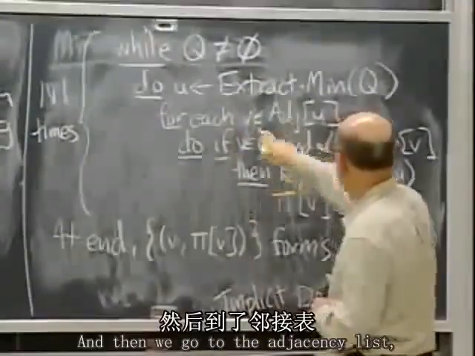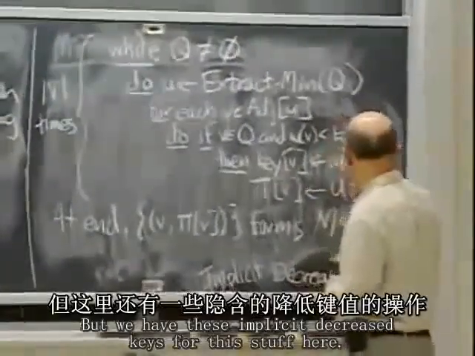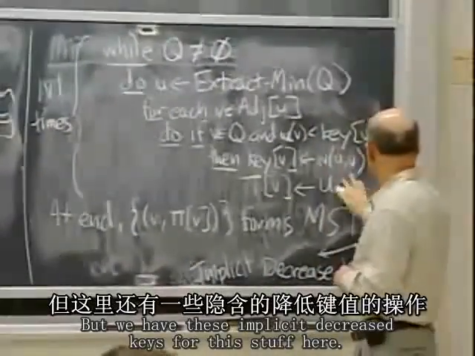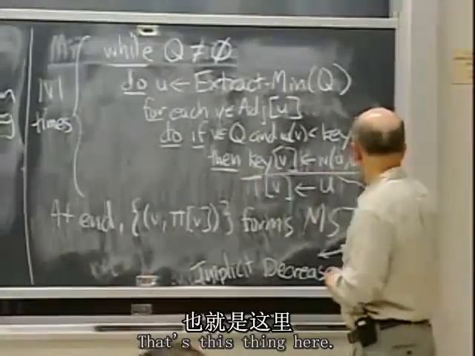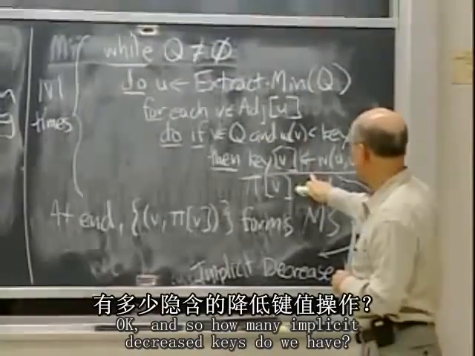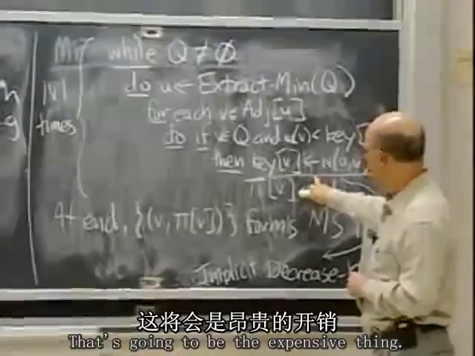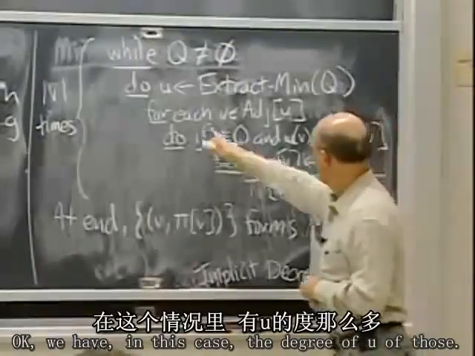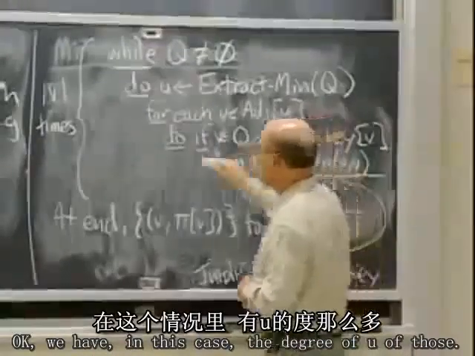And then we go through the adjacency list, and we have some constant things, but we have these implicit decrease keys for this stuff here. That's this thing here. And how many implicit decrease keys do we have? That's going to be the expensive thing. In this case, we have the degree of u of those.